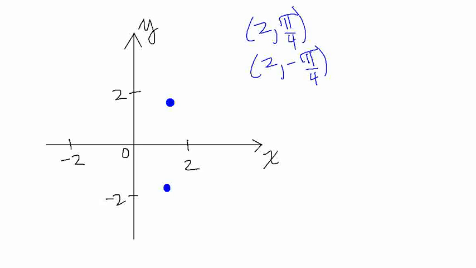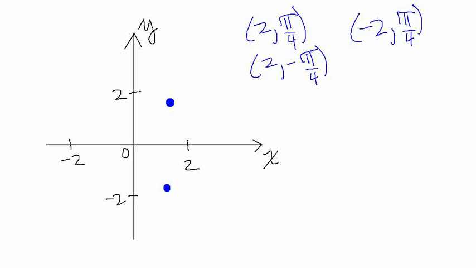And what about if we wanted to locate the position with respect to the coordinates minus 2, pi over 4? So let's think about that one. So we know what direction pi over 4 radians corresponds to.